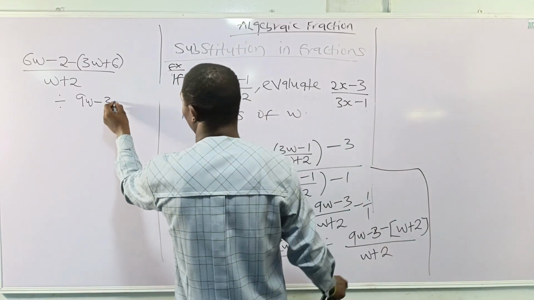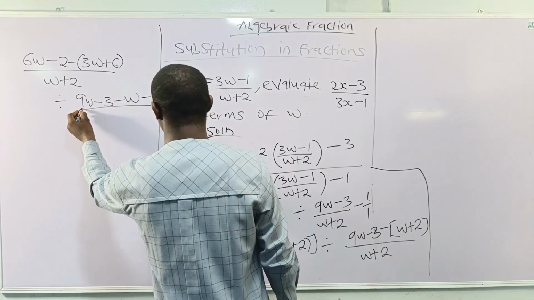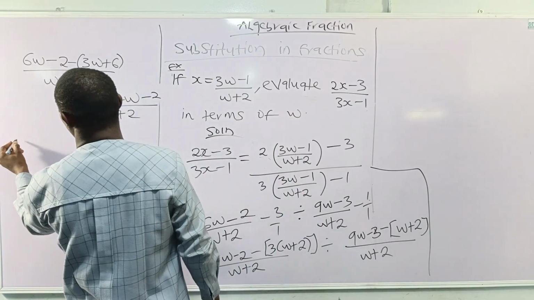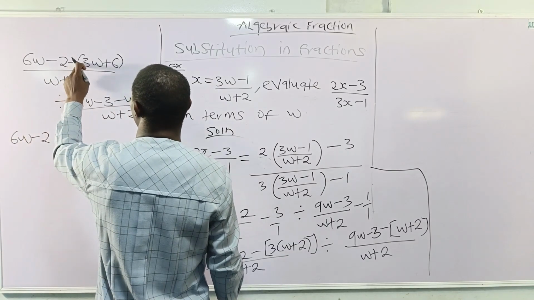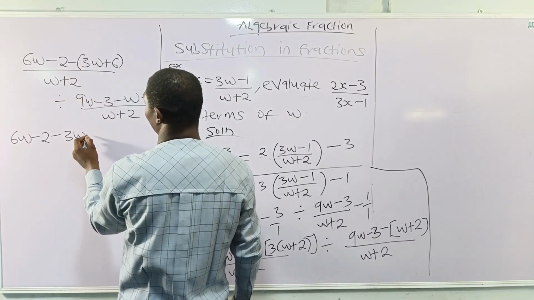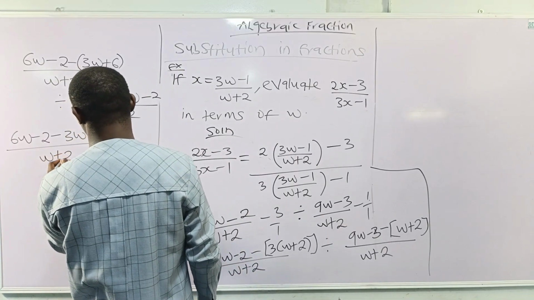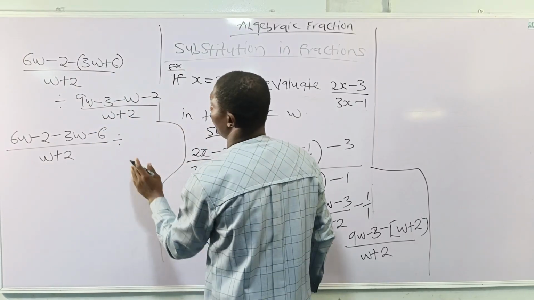Minus times plus is minus w. And minus times plus is minus 2. All over w plus 2. Now I'll have 6w minus 2, minus times plus is minus, or I have 3w. Minus plus is minus, or I have 6, all over w plus 2. This is my division sign.